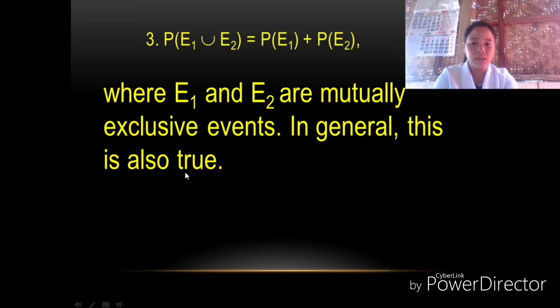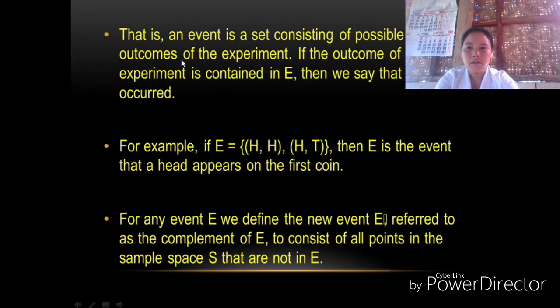In general, this is also true. That is, an event is a set consisting of possible outcomes of the experiment. If the outcome of the experiment is contained in A, then we say that A has occurred.